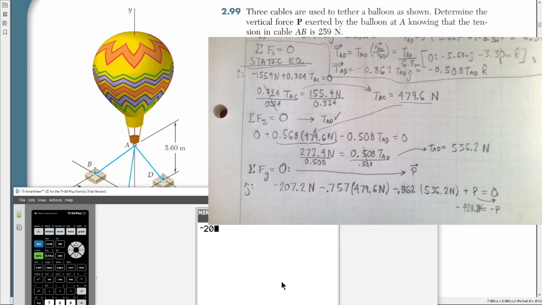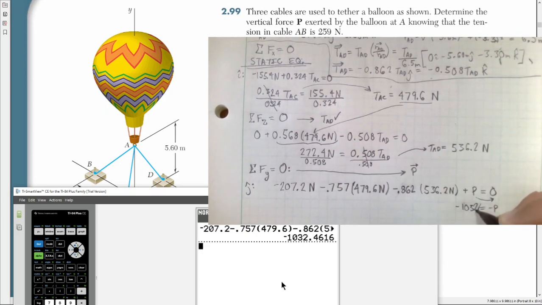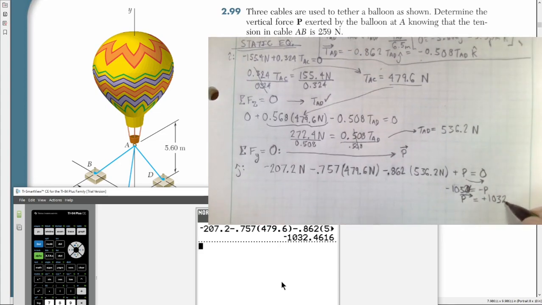We start off with negative 207.2 minus 0.757 times 479.6 minus 0.862 times 536.2. And now we get our correct answer as being equivalent to negative 1,032 newtons, which, remember, is negative P. P is pointing up, so our P vector is equal to positive 1,032 newtons, and it's going straight up in the vertical axis.